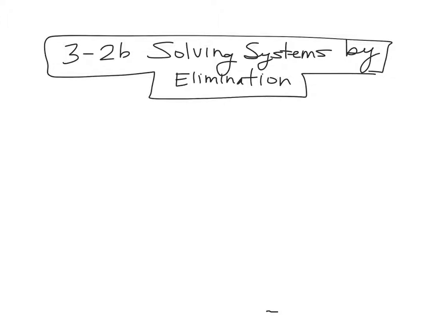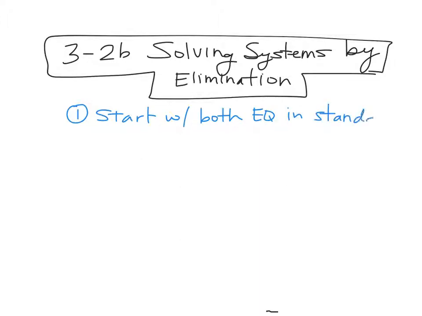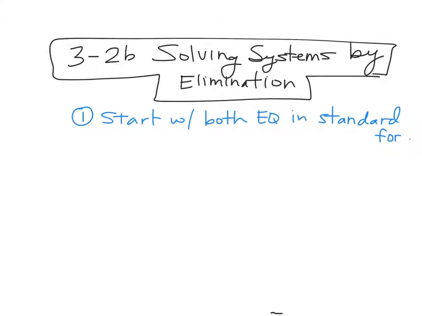Here's what you're gonna do. Your steps to solving with elimination, step 1 is you wanna start with both equations in standard form. Okay, so that's step 1. Step 2 is then you're gonna make one of your variables the opposite.